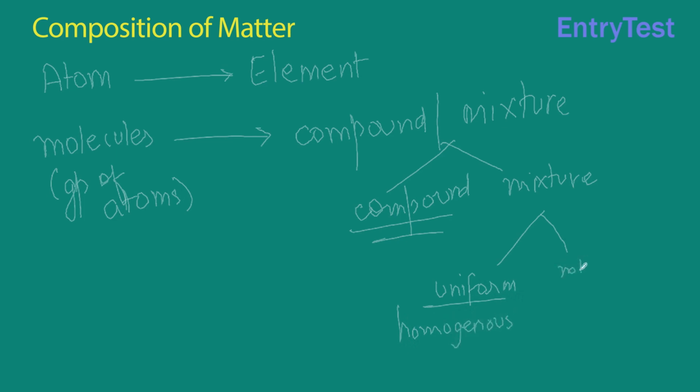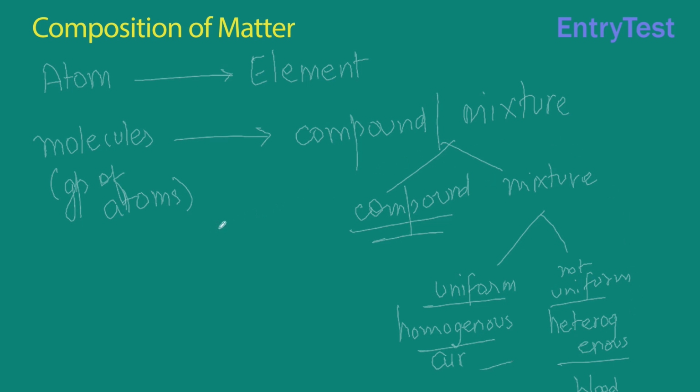If it is not uniform, for example wood, or for example blood, that is a heterogeneous mixture. Let's take the example of blood. An example of a uniform mixture is sugar dissolved in water, or air, for example.